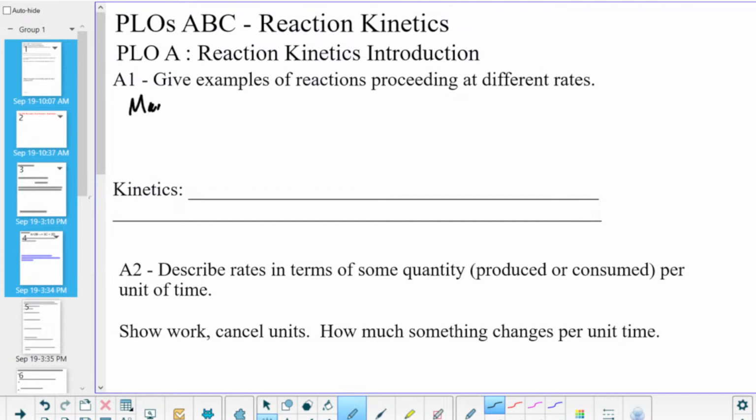How fast does it react? Fast. Now, someone else, an example of a chemical reaction that either reacts faster or slower than that.